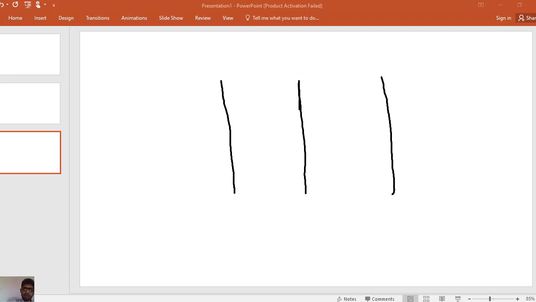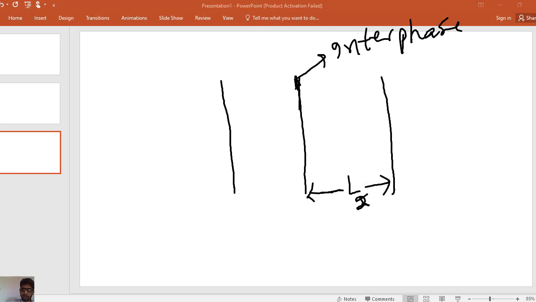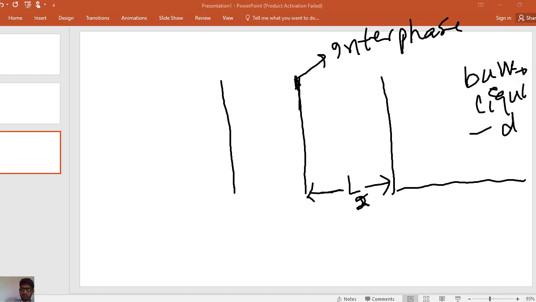This is the interface. This layer is the stationary liquid layer. The thickness of the stationary liquid layer is, suppose, L2. On the right side of the stationary liquid layer there is a bulk region of liquid. On the left hand side of the interface there is a stationary gas layer.